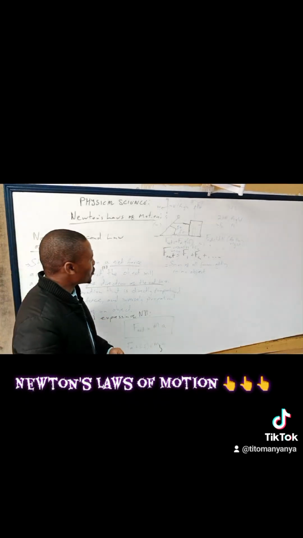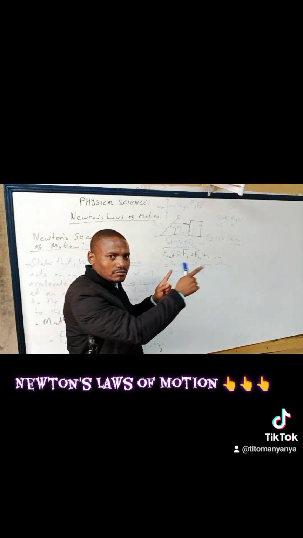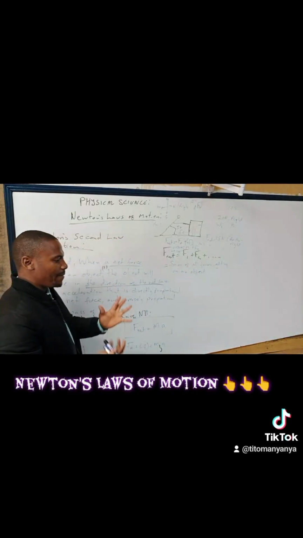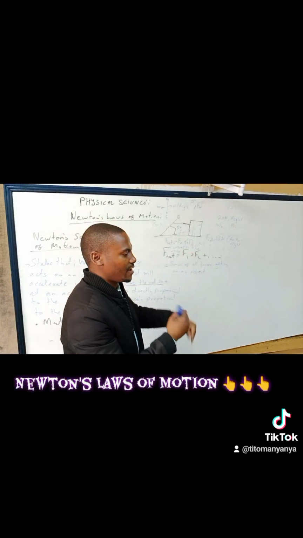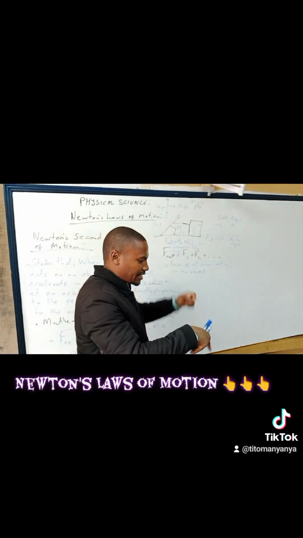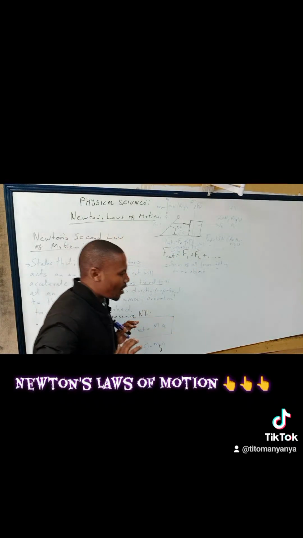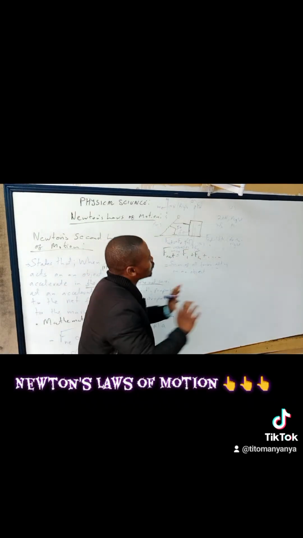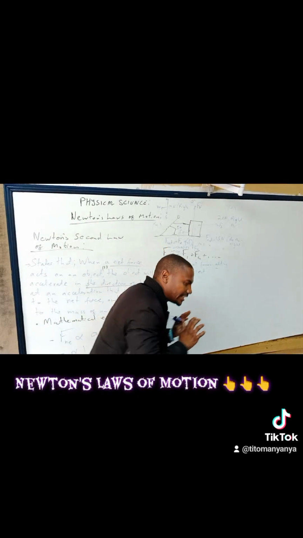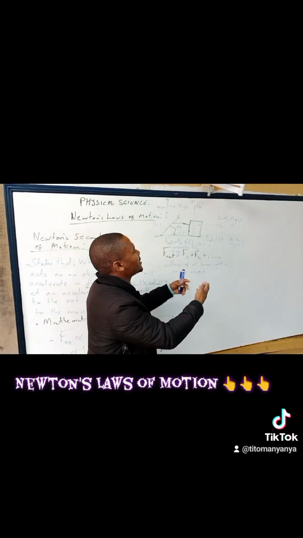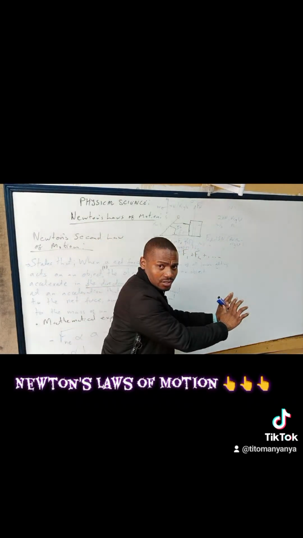In other words, if the net force increases, the acceleration increases. If the mass of an object increases, acceleration decreases. If mass decreases, acceleration increases. The object accelerates in the direction of the net force.